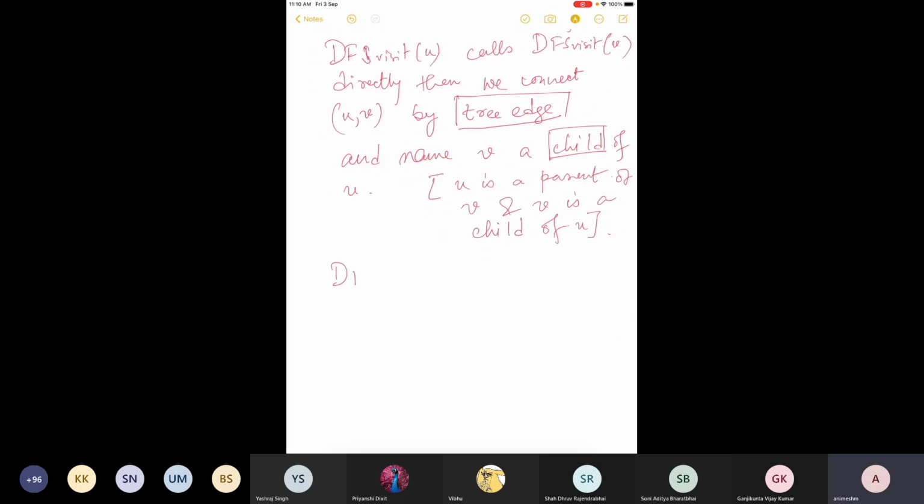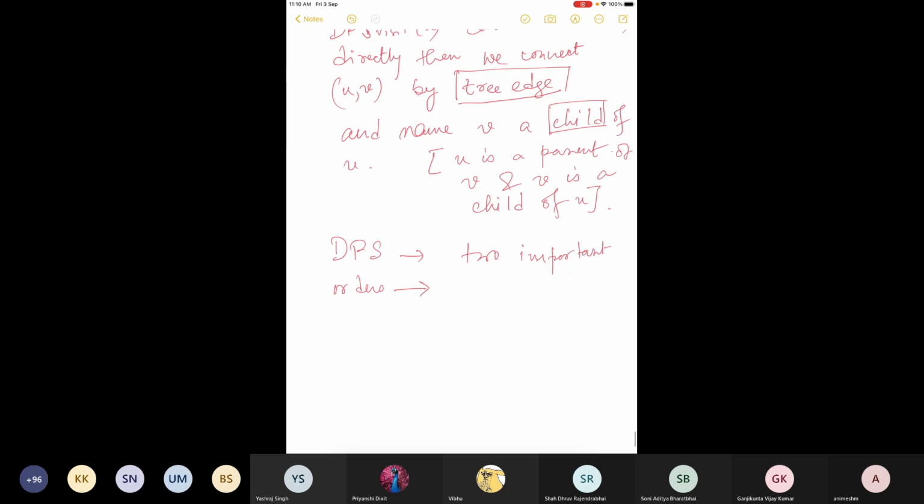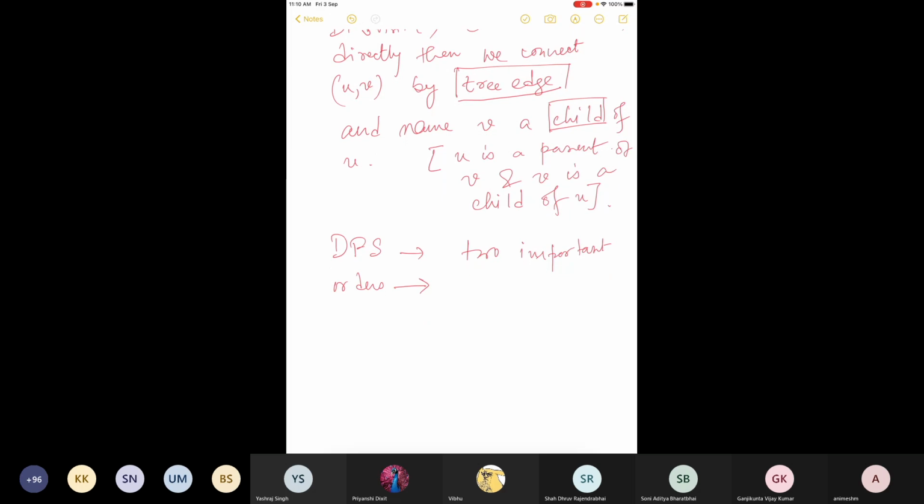Now, any DFS will have two important orders. Can you guess what these two important orders are? Any thoughts on this? The order in which the nodes are visited.